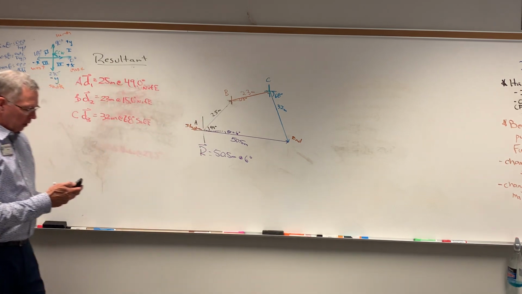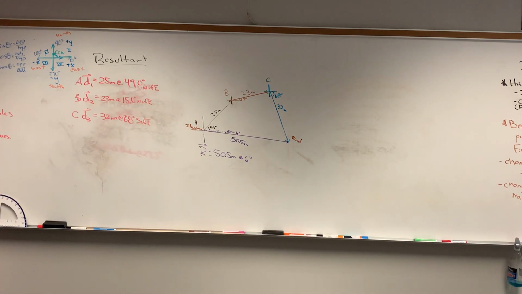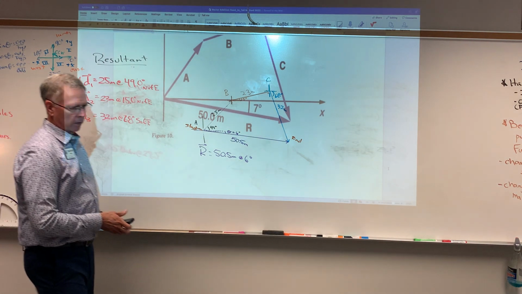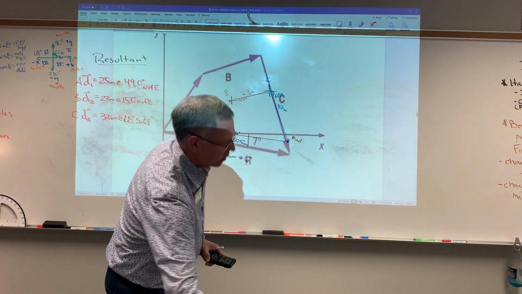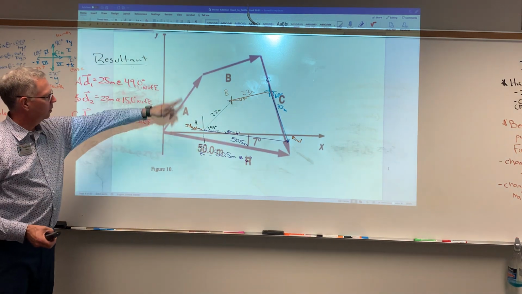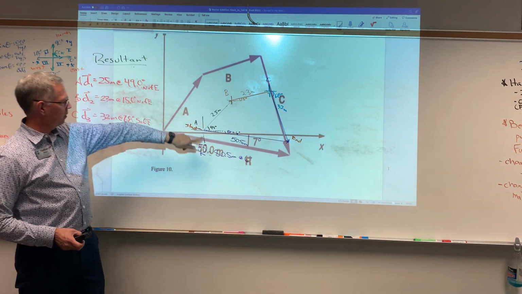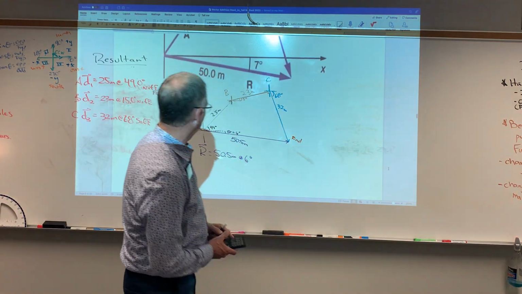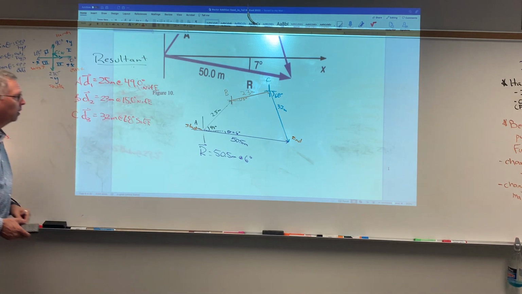All right, if we look at the notes here, it's a little bit different scale, but you can see they got about the same answer. I got 6 degrees, they got 7 degrees.